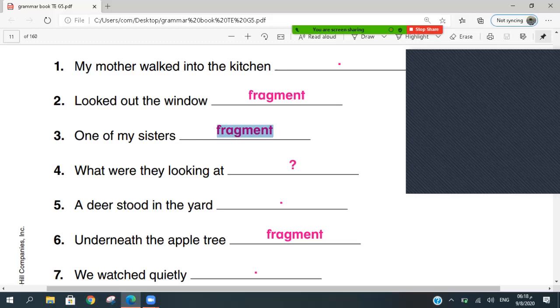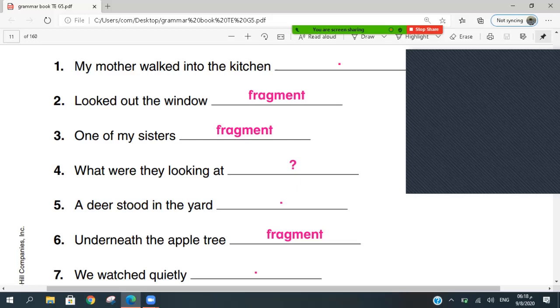Because I have the word what. What are you doing? I'm asking you about something here. But if it's a statement, a sentence that gives me meaning, I should add a period at the end of it. A capital letter and a period.